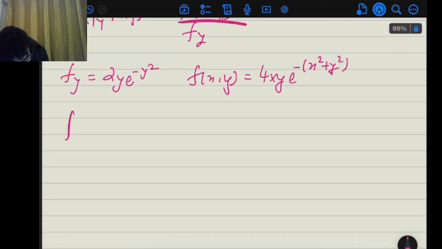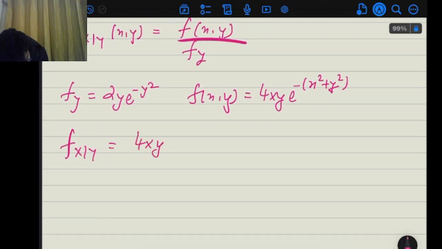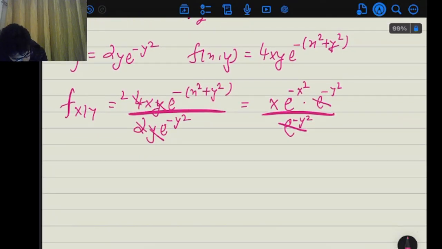So this gives me f of x given y equals 4xy e to the power minus x square plus y square divided by 2y e to the power minus y square. The 2 and y cancel, and the e to the power minus y square cancels. So ultimately we get x e to the power minus x square.